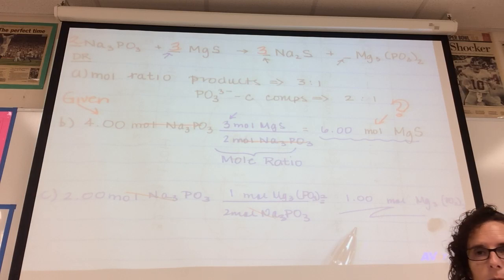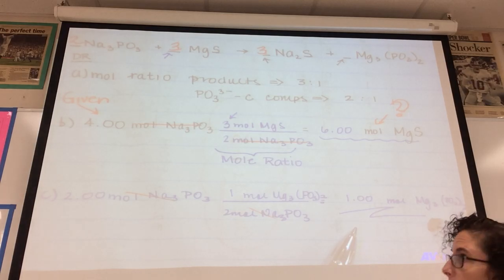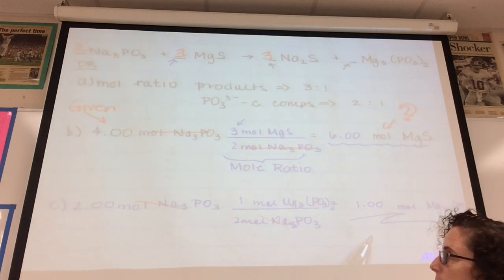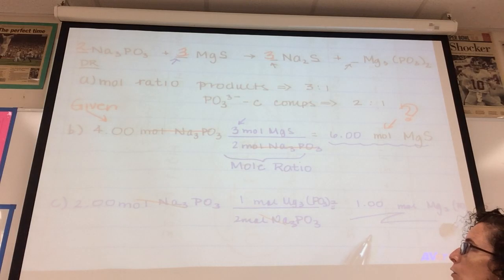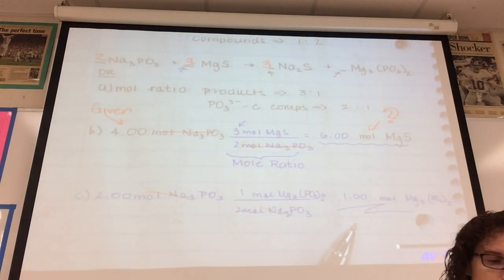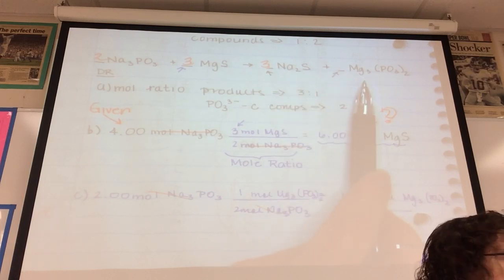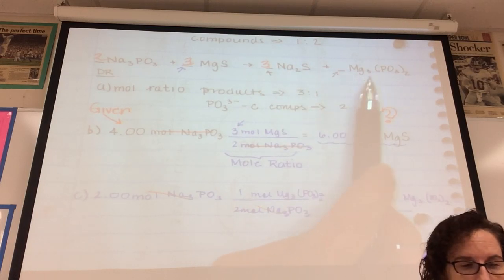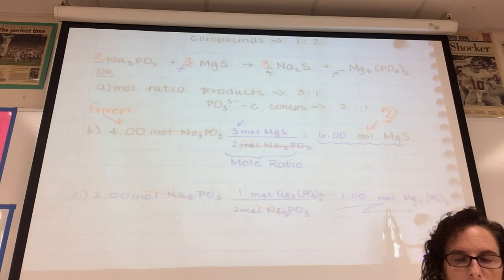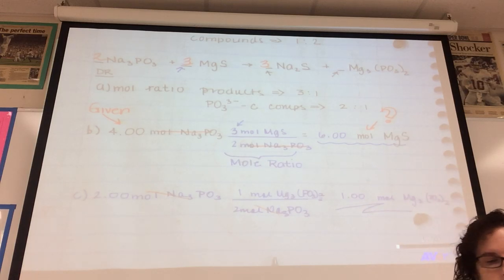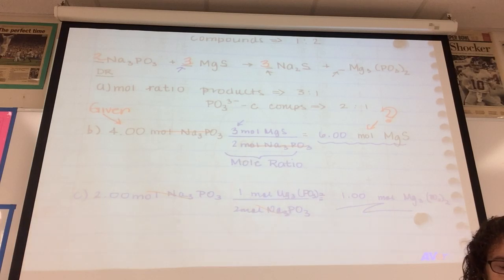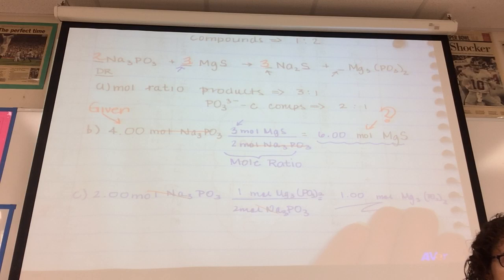What gets generated, reactants or products? Products. So the products get generated. So you know we have to look at the product side. And which product contains phosphide? That one. And that's why we were going after that one. Alrighty? Mole to mole conversion. You're given moles of one substance. You want moles of a different substance.